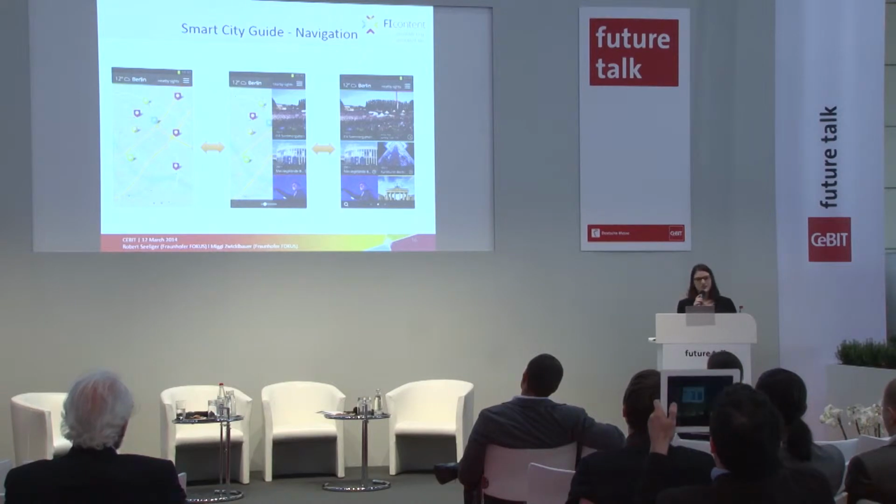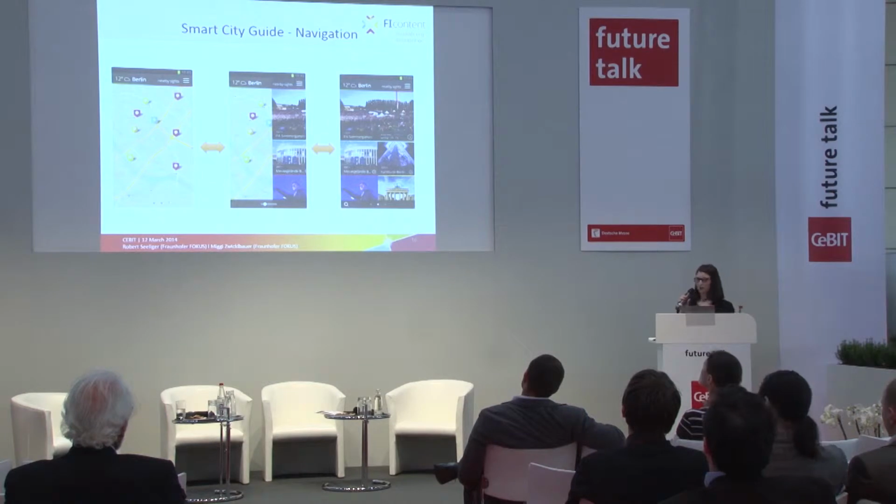So here's how you can show your points of interest, some examples. For the Smart City Guide web app, we have 3 different layers. We have one map layer, like you maybe know from Google Maps, where you have the points of interest in different colors. The colors are categories like daily life, education, entertainment, and shopping. So you can switch the layer, and then you have a gallery layer.